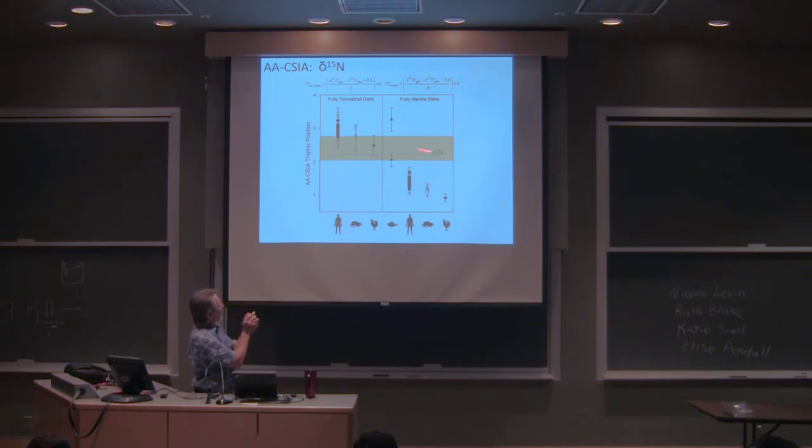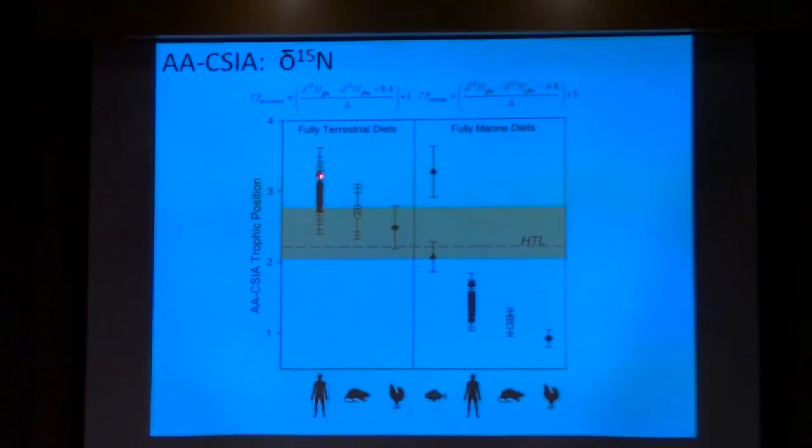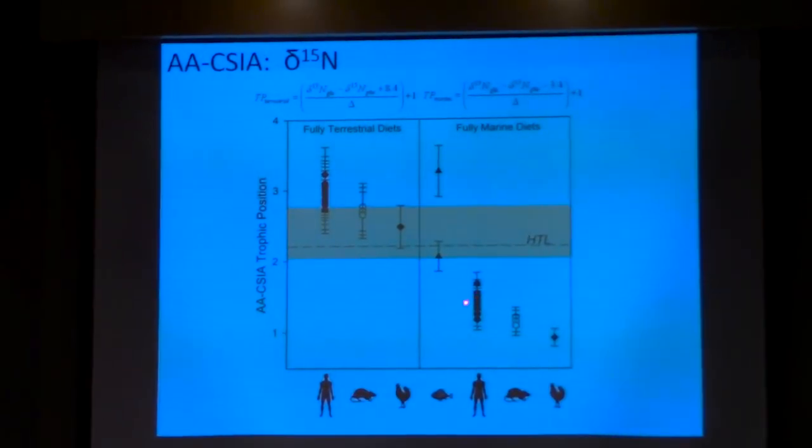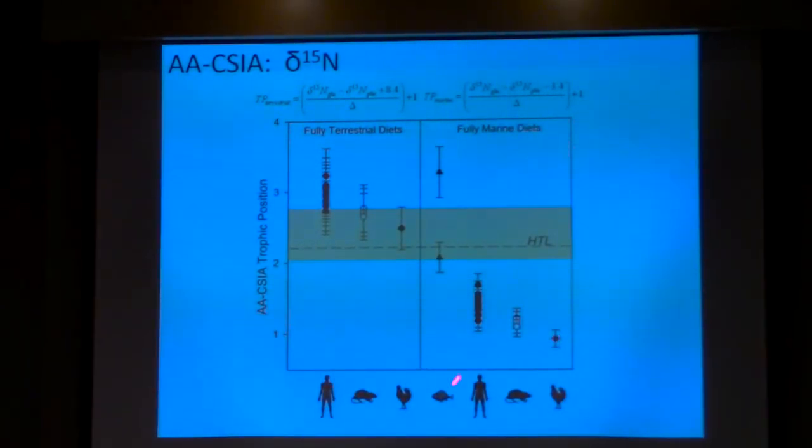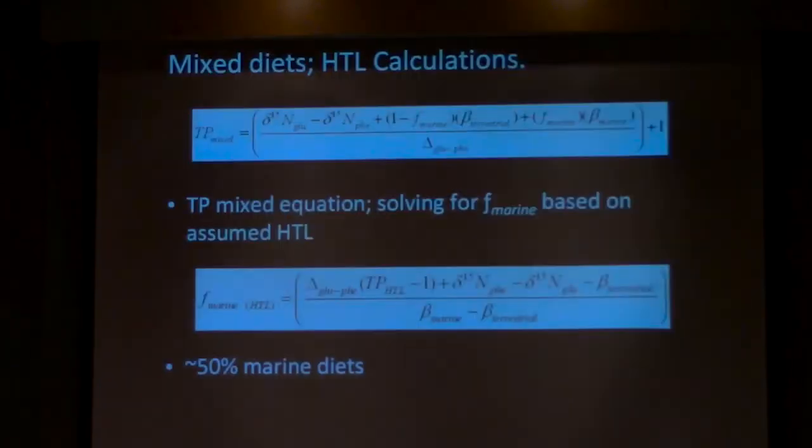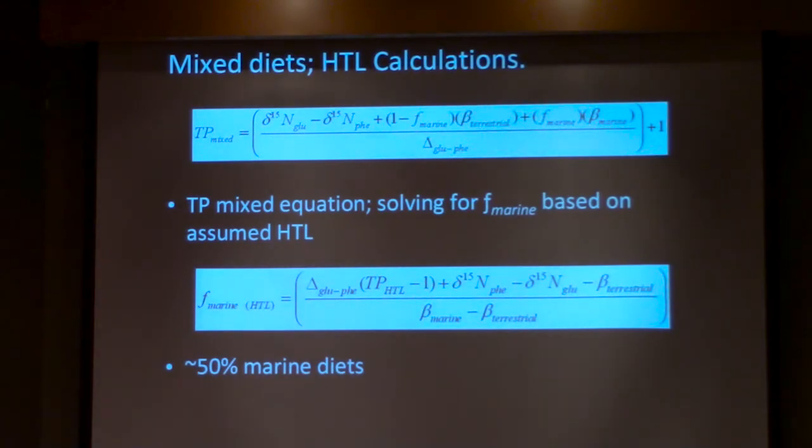That's the average. A fully terrestrial diet exceeds that. That's probably unlikely. This is definitely unlikely. But for the marine fish, it nailed their trophic level. We would expect a marine carnivore to be around 3, herbivore to be around 2. So, you know what? We're isotope chemists.